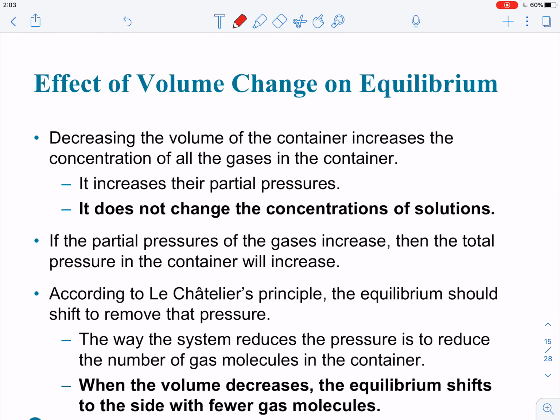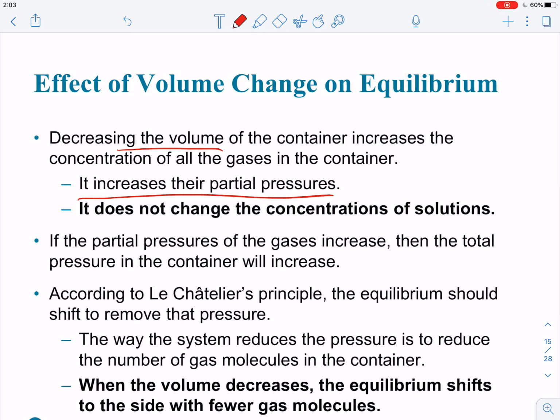Volume change, again, it comes to whether the concentration is being affected. So if you decrease the volume, you are increasing partial pressures. The volume will affect if you have reactions in the gas phase, because it will increase the partial pressure.